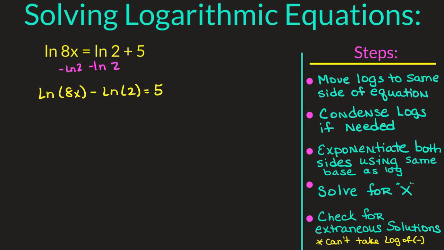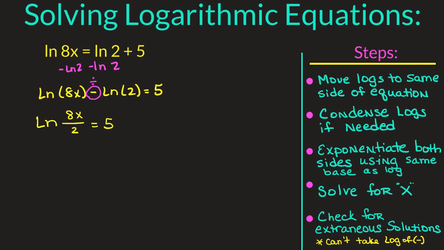Next, we're going to want to condense, so we write the ln one time. Since we have a minus, that's going to make us have a division between them. So we'll have ln of 8x over 2 equals 5.